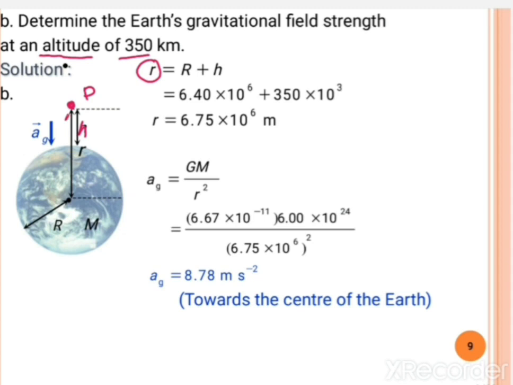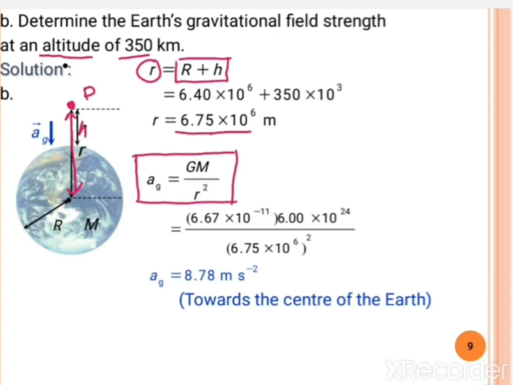So how to determine the R? R is the distance from Earth's center. So R equal to radius of Earth plus altitude or height. So we get the value for R is 6.75 times 10 power of 6 meter. Then we use the equation gravitational field strength g equal to GM over R squared. G is the constant value 6.67 times 10 power negative 11.